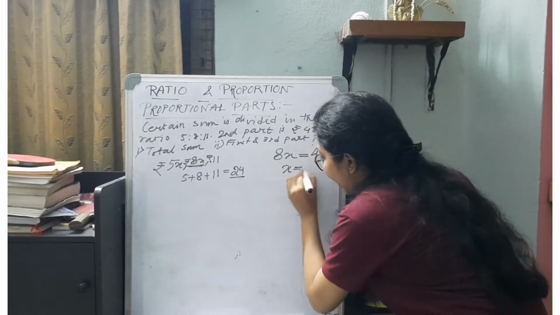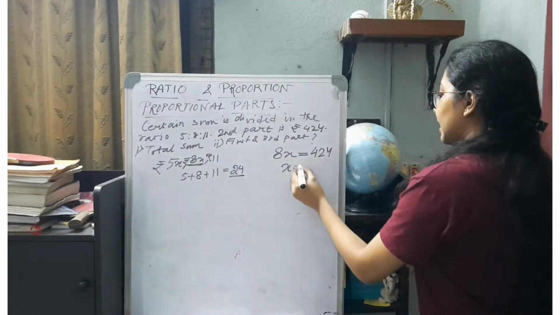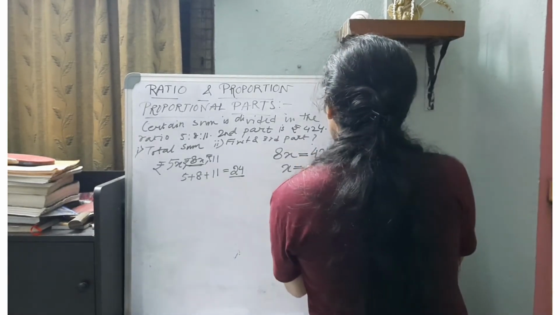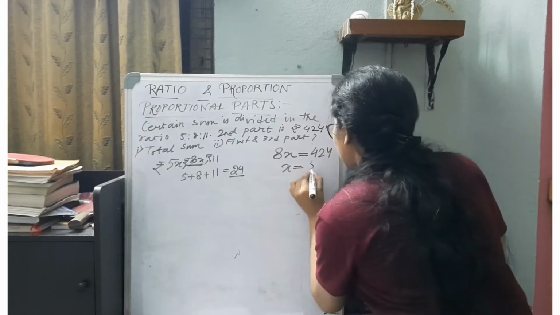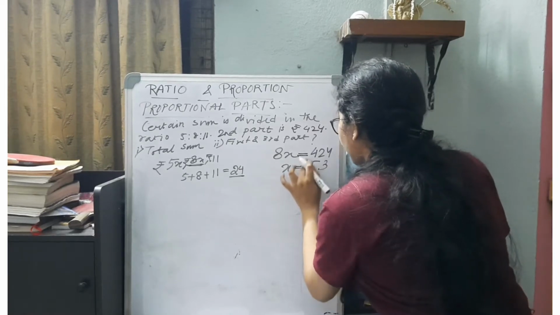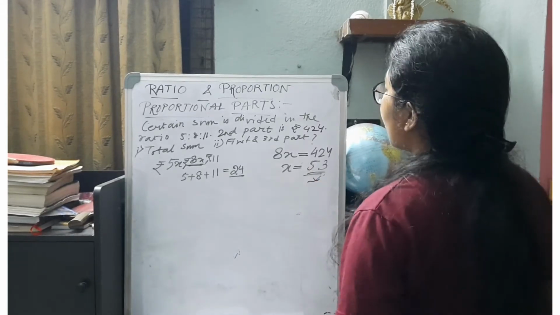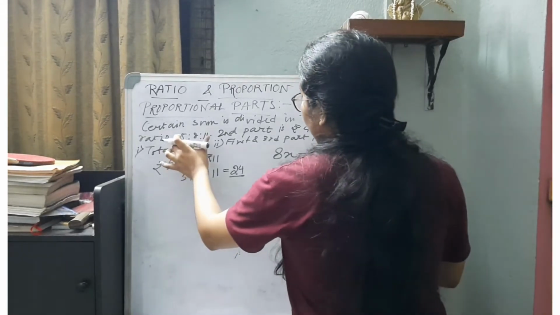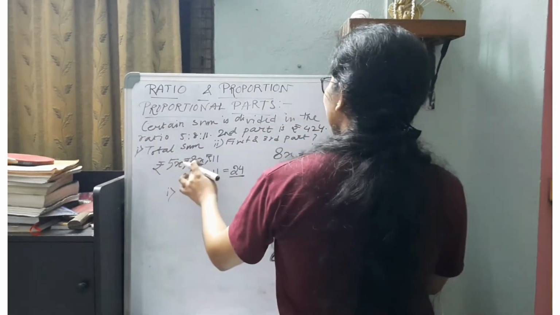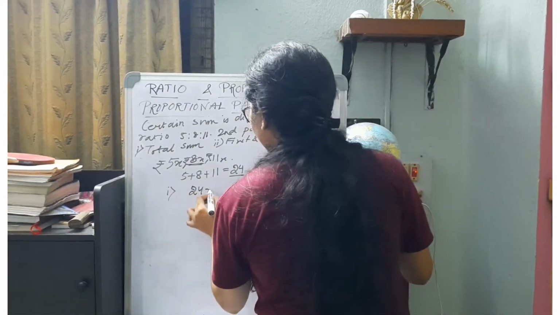So what is the value of x? We can easily understand this by equating 8x to 424. We find that x is 53. And x is not rupees, x is just a quantity to determine the ratio. Now we have to first find out the total sum of money. That means 5x plus 8x plus 11x, so we have to find the value of 24x.